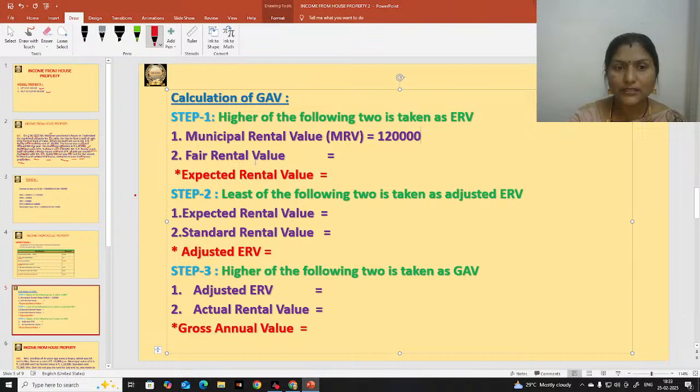Next is the second item. What is the second item here? Second item is fair rental value. Fair rental value, short form is FRV. Let us take that value here. Already we took it in the solution box.